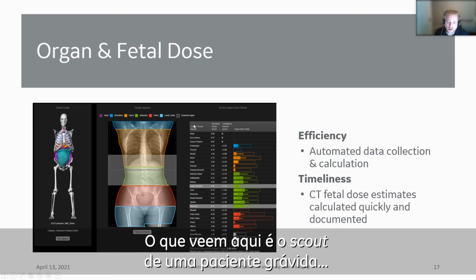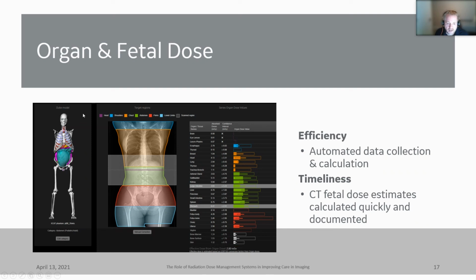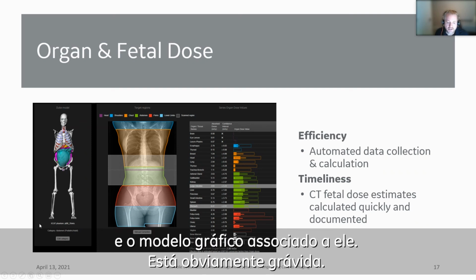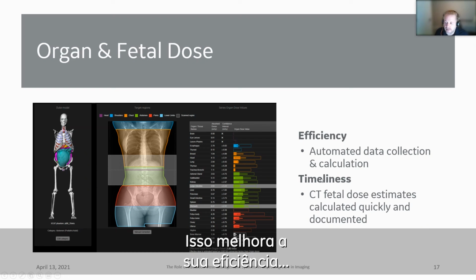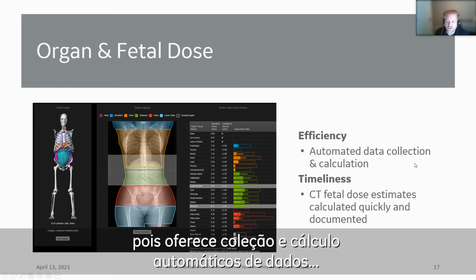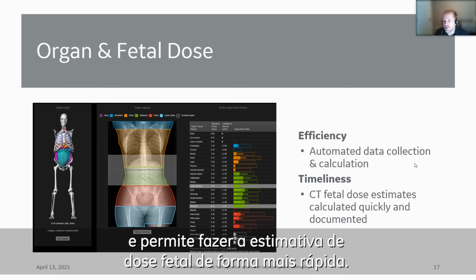Right? And so here what you've got is the scout of a pregnant patient, and then the associated computational model, which is obviously pregnant, right? And then the system automatically goes and calculates the fetal dose. That improves your efficiency because it's automated data collection and calculation, and allows you to give that fetal dose estimate in a more timely manner, right?